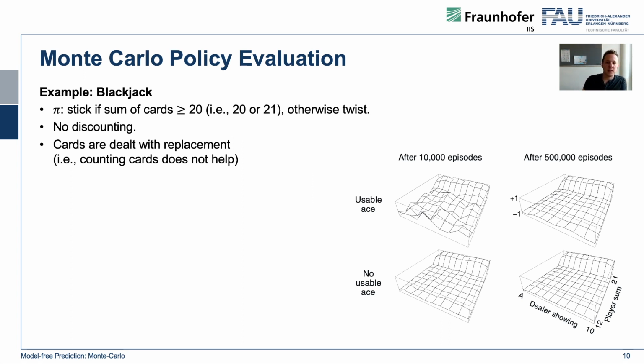The thing is that we need a distribution of next states, which requires the environment dynamics as a tuple of pi. And why is this not easy to determine? If you want to determine the probability transition between all these states, you would need to find a way to define the probability that you win as a function of the dealer's showing card.